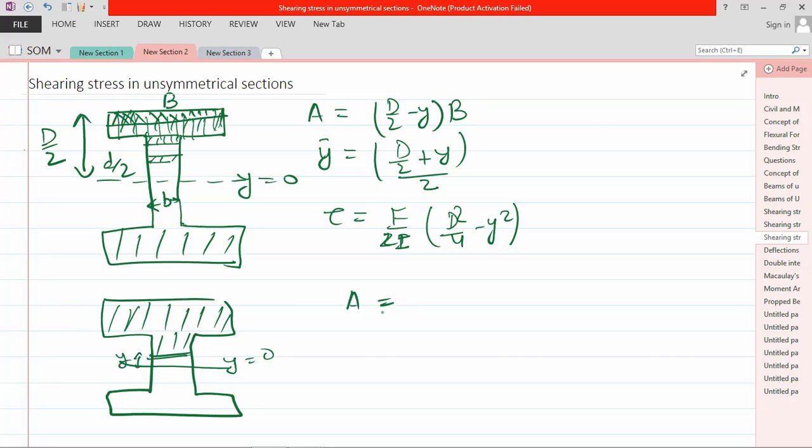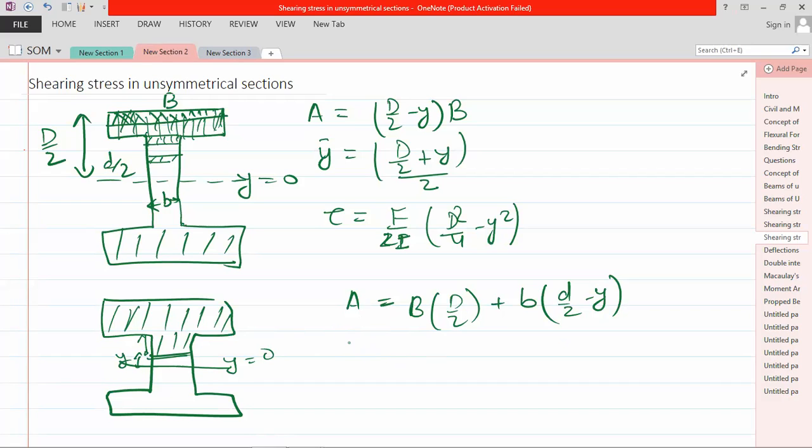The area would be b into d by 2, b into d by 2 plus, suppose this is y, and this is small d by 2 plus small b into d by 2 minus y. This is your area for this section.